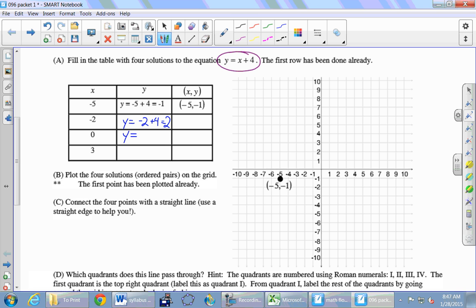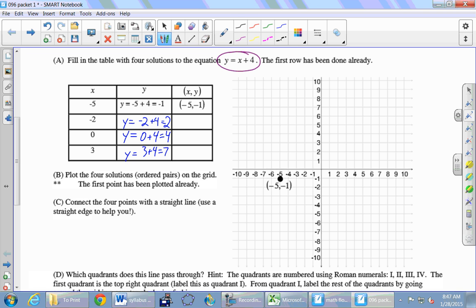Okay, somebody we haven't heard from yet. Instead of Y equals X plus 4 in the third row. Thank you. And then again, somebody we haven't heard from yet, last row. Y equals 3 plus 4, which is equal to 7.